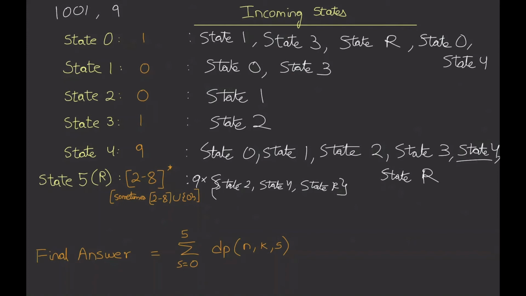That is any number between 2 to 8 and 0, 8 different ways. I can go to state R from these three states.